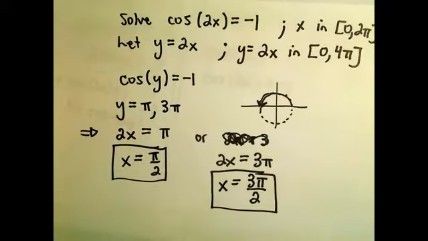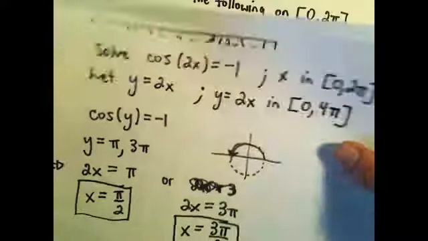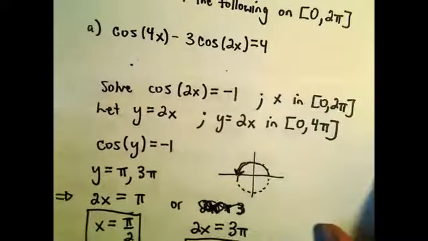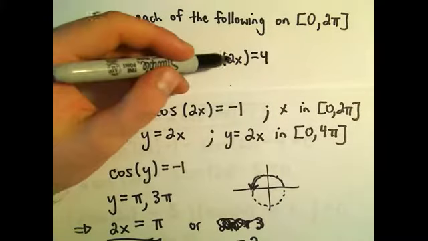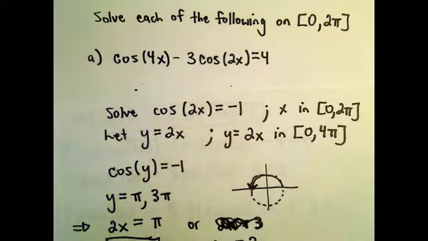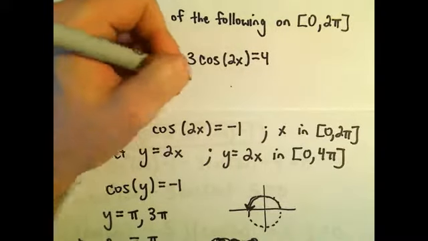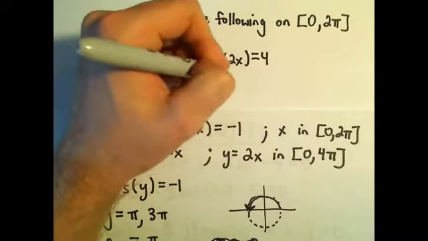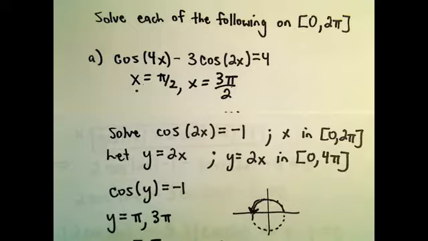And those are going to be our two solutions to this very original equation. So the solutions to cosine of 4x minus 3 cosine of 2x equals 4 are x equals pi over 2 and x equals 3 pi over 2. Those will be the only two solutions in the interval 0 to 2 pi.